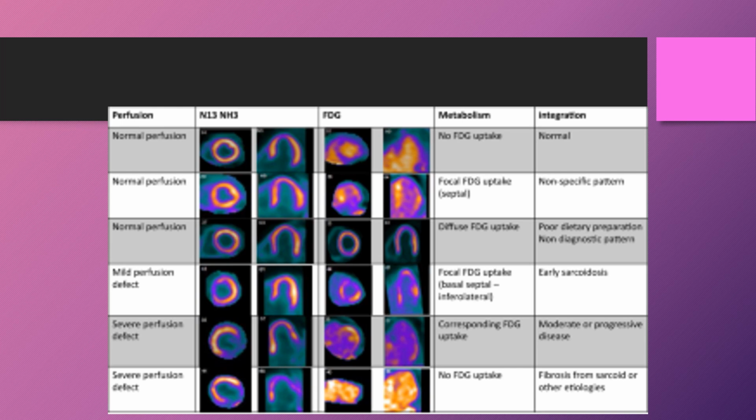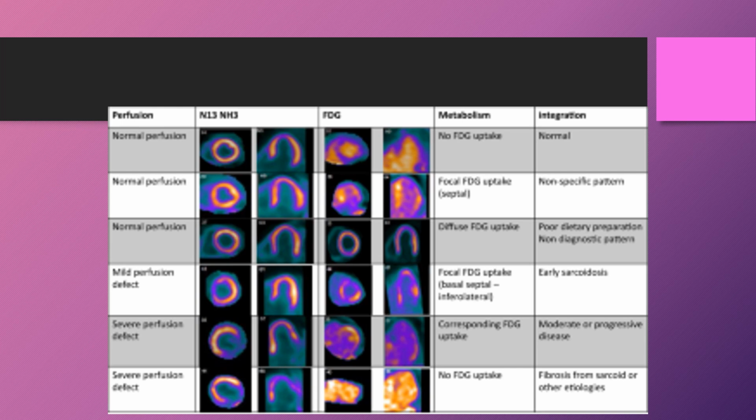This is non-specific inflammation or accumulation. And then in the third row, there's normal perfusion with diffuse FDG uptake. And this is poor diet prep, so this would be considered a non-diagnostic exam. The myocardium is taking up too much glucose because the patient was not properly prepped with the right diet.